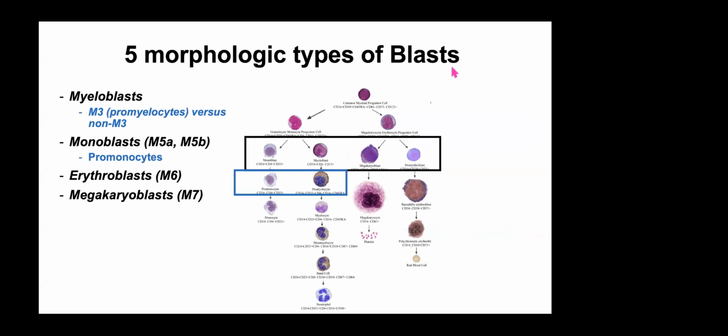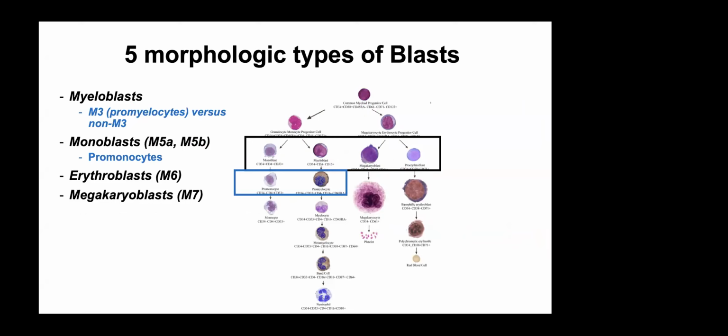Now, there are 5 morphologic types of blasts. Those that would come from your common myeloid progenitor cells would be the following: your myeloblasts, which are these cells, your monoblasts, your erythroblasts, and your megakaryoblasts. And this is the basis for the French-American-British classification.